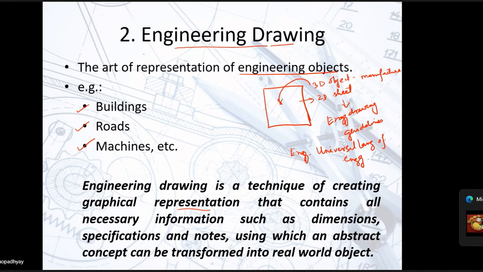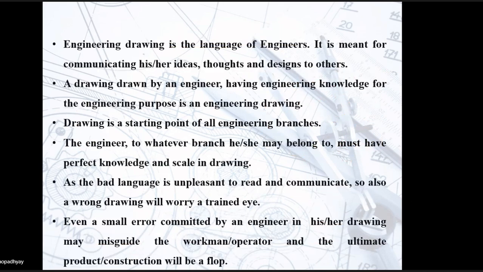And this engineering drawing, if you wish to manufacture something, it should contain all the necessary information such as the dimension, the specifications, if you wish to provide some note, using which the abstract idea that you have in your mind can be transformed into a real world object, or you can convert it easily into an object. Any questions up to this? No, sir.